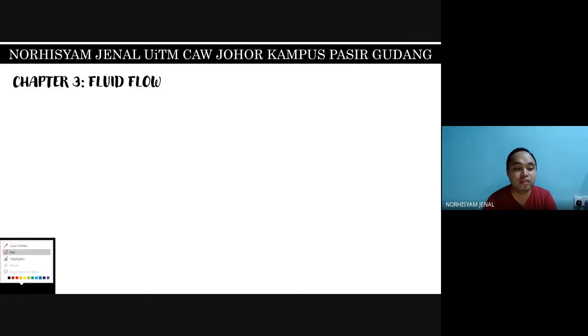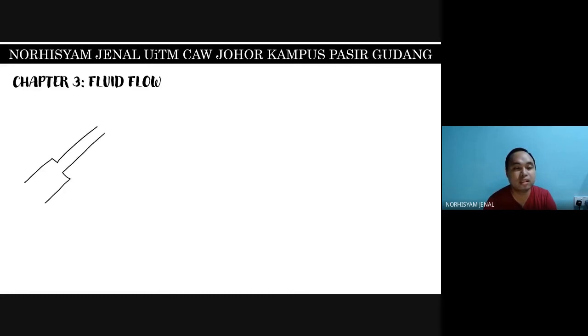So for example, if you have a pipe designed like this, it means we have point 1 a bit lower here and point 2 a bit higher at the top.